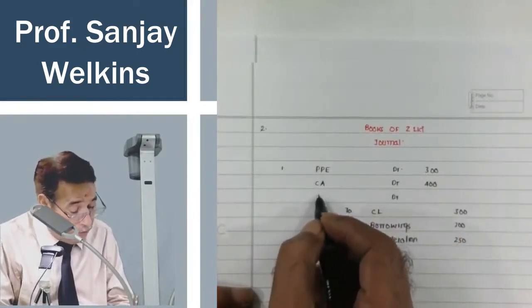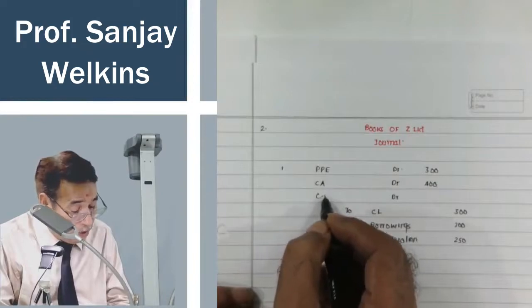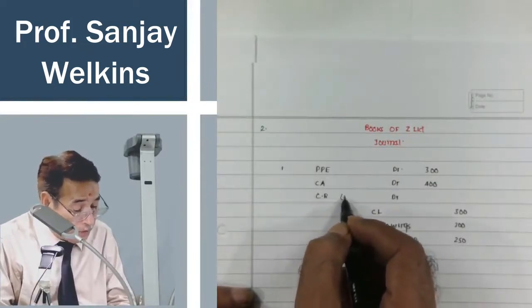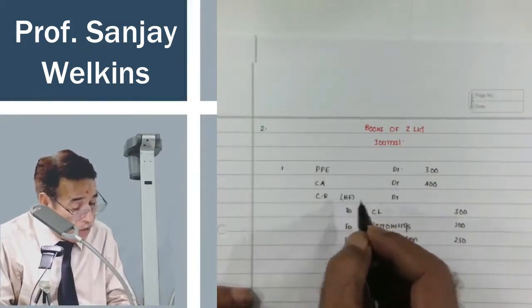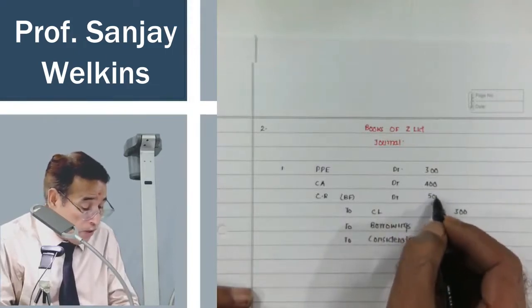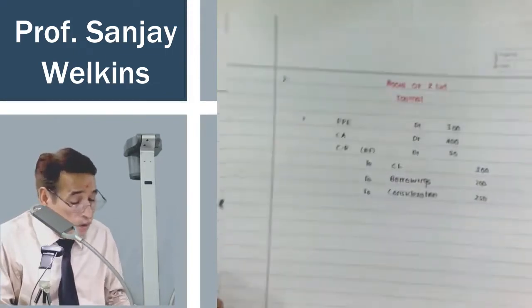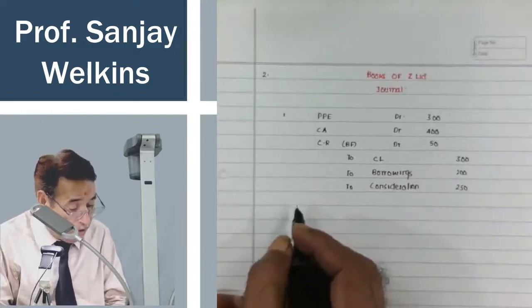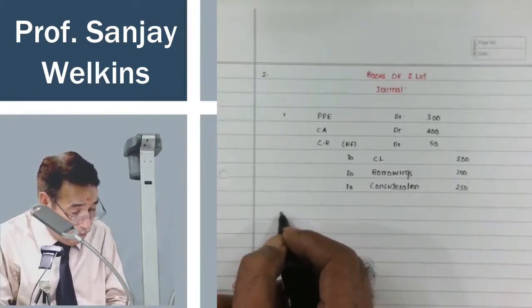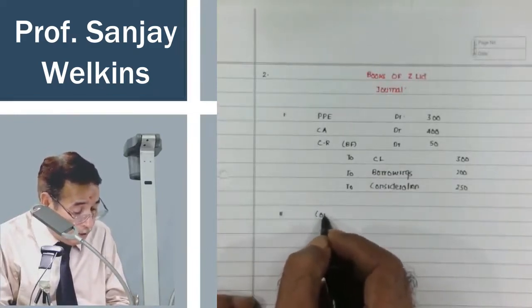But don't write goodwill. So often I have told you now, better write capital reserve only, because if you write goodwill, it means you are recognizing a new asset. And Appendix C of Ind AS 103 does not allow that. So write here consideration.